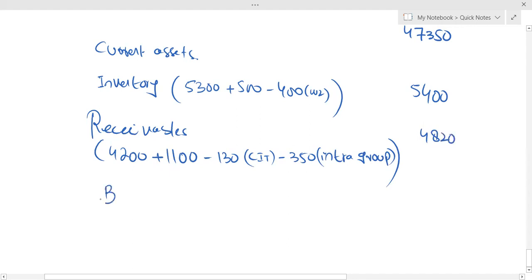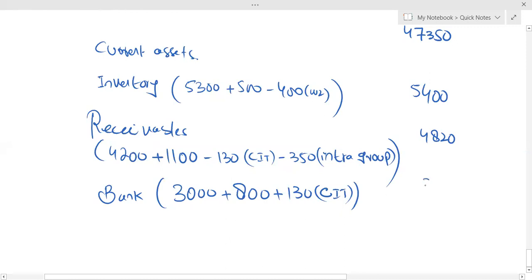Now simply take the value of bank. Parent is having value 3,000, subsidiary is having 800, and we'll add cash in transit 130. I'm getting 3,930. So total of the current asset is 14,150.